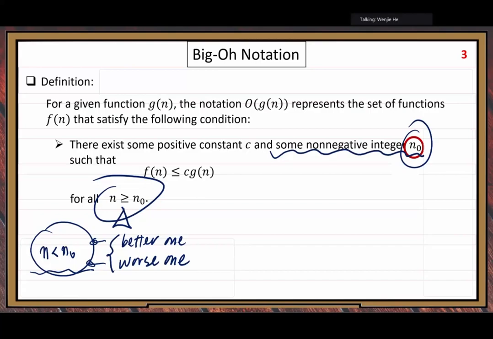Why doesn't it matter? Sometime later I will give you a deeper explanation. At this point, I just give you a first round interpretation.